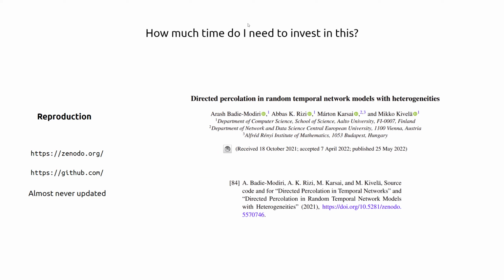And this is one of my papers from a couple of years ago, actually published in 2022. In the paper, there's a reference 84, which is source code for this paper available at this URL.